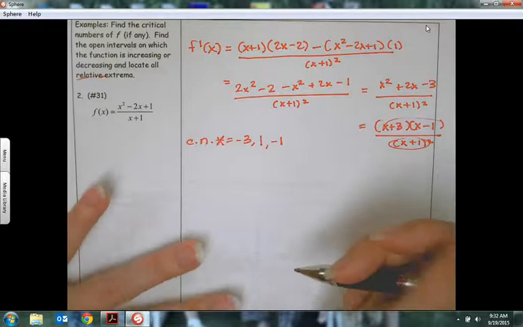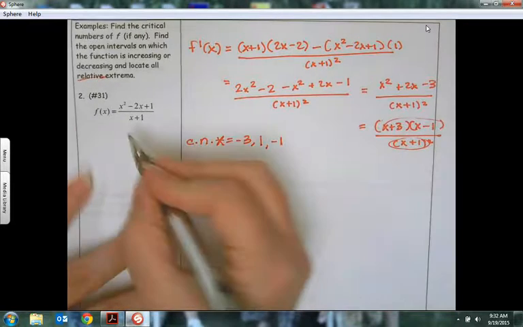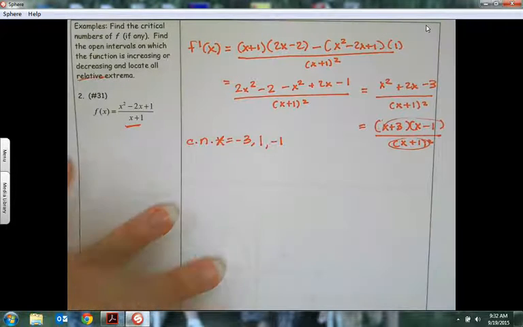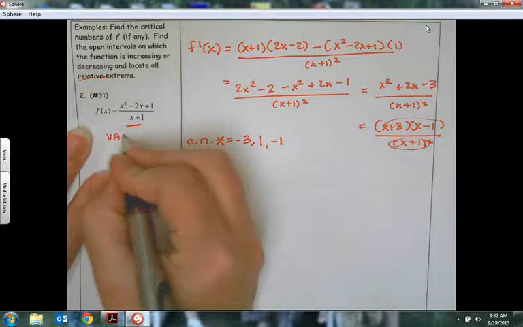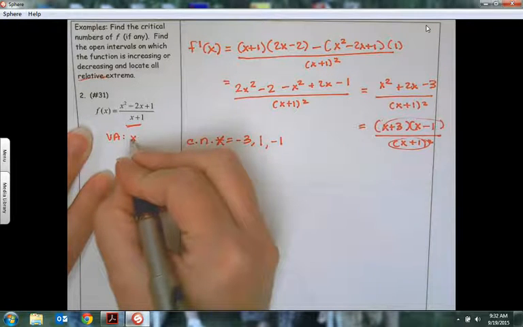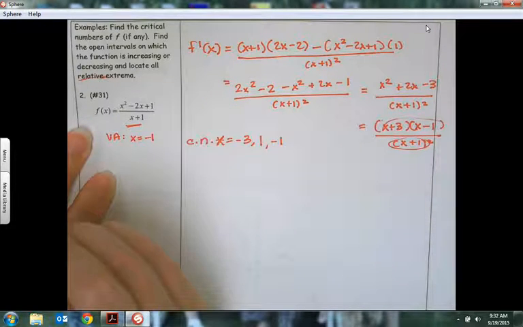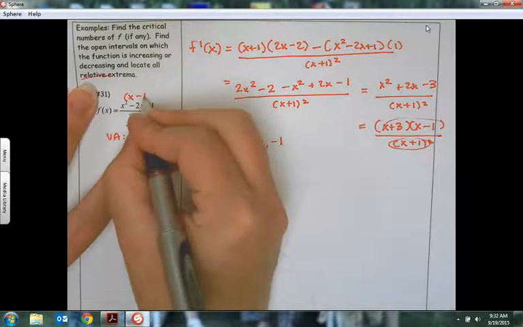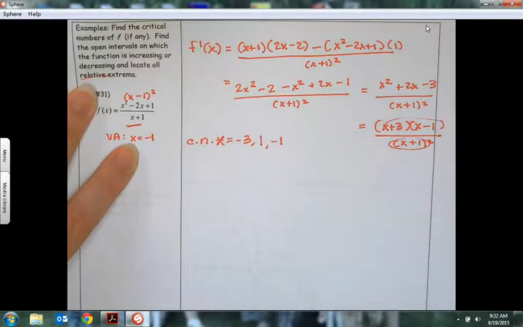Now, note in my critical numbers, this guy right here. I know I have a vertical asymptote going on at x equals negative 1. And we can kind of see this is x minus 1 quantity squared. So it doesn't cancel out. It's not a hole. It is a vertical asymptote.